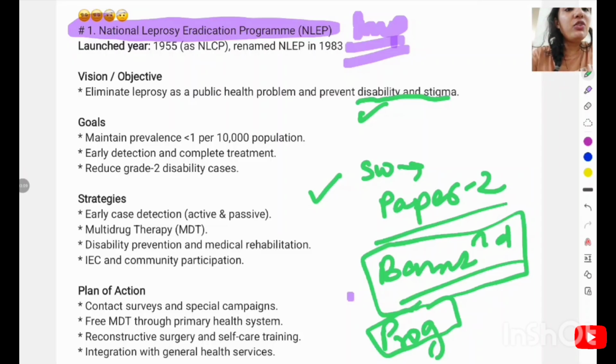So we have to prevent this disability and remove that stigma. And sometimes leprosy is also taken as a basis for divorce. So all those kinds of things we have to eliminate, this leprosy as a public health problem.